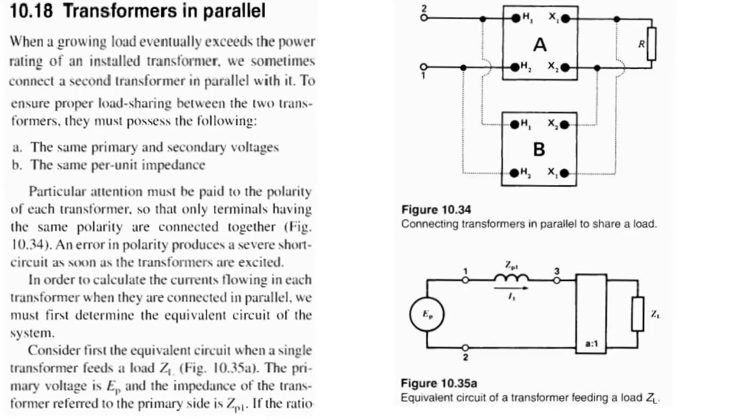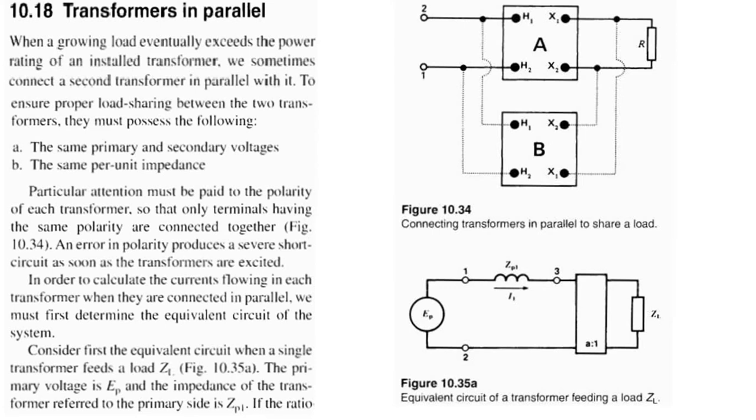Transformers in parallel. When a growing load exceeds the rating of the installed transformer, we sometimes connect a second transformer in parallel with it to ensure proper load sharing between the two transformers. They must possess the following. The first point, the same primary and secondary voltages.